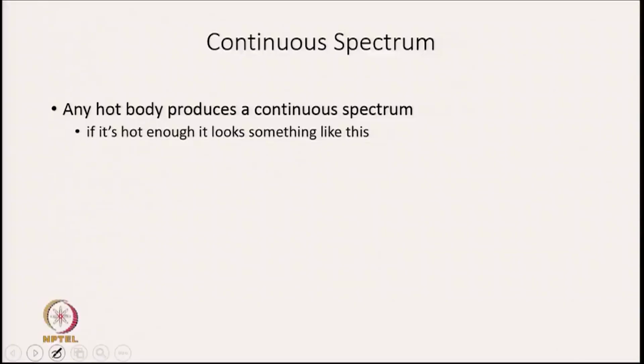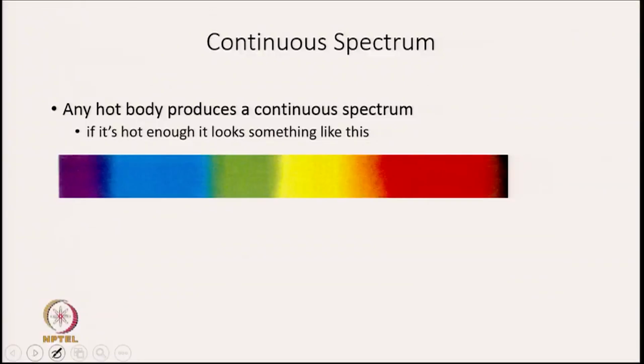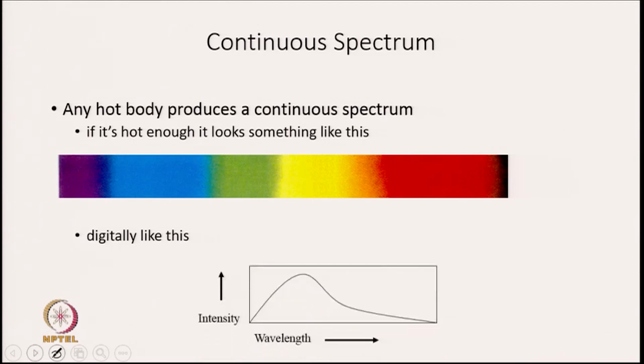If it is hot enough, it will look something like this. So, you are seeing from violet to red, light of every frequency, and digitally how it will look is this.